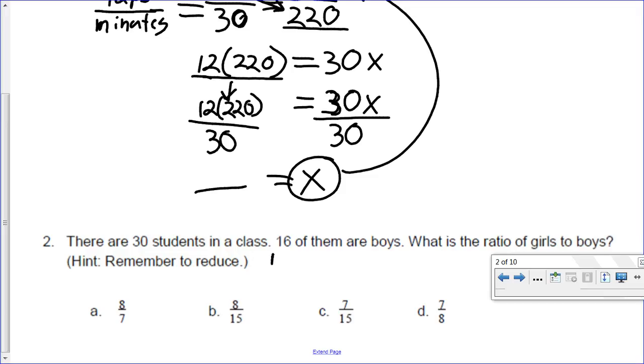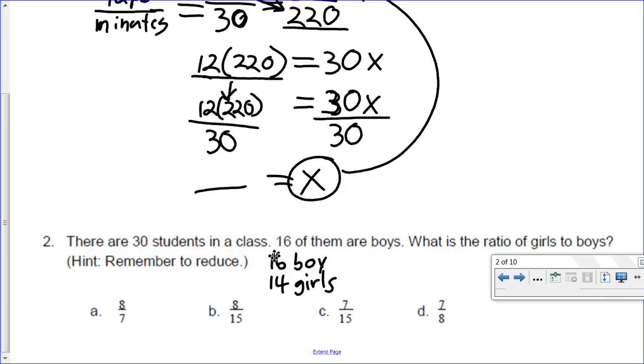So that means we have 16 boys, 14 girls. That's what we have. So what is the ratio of girls to boys?